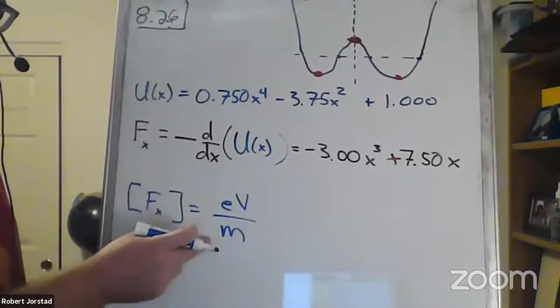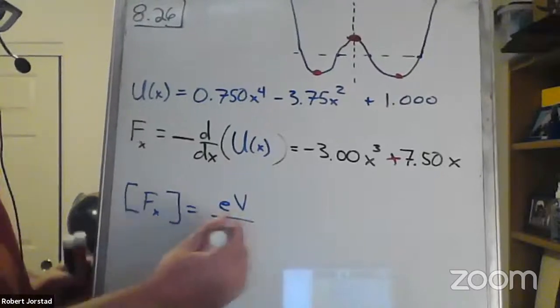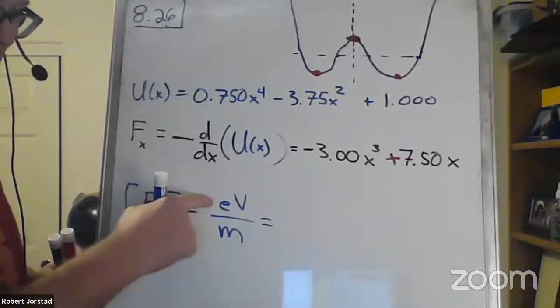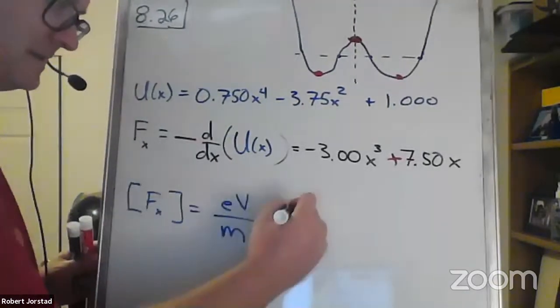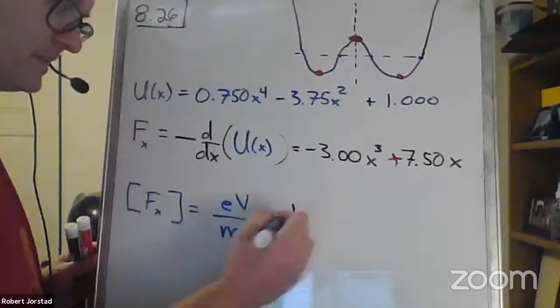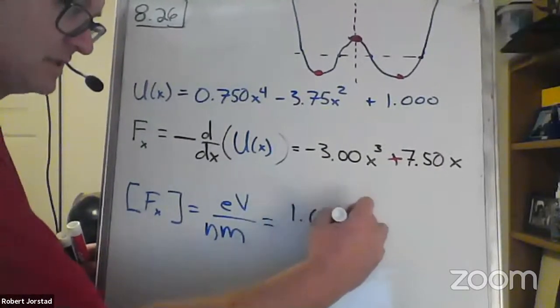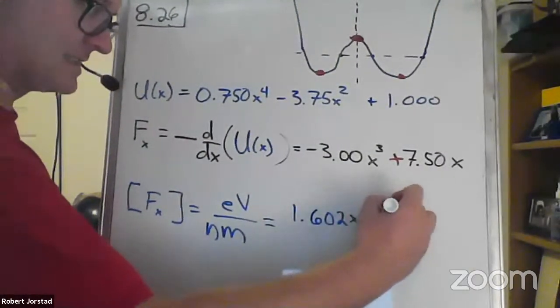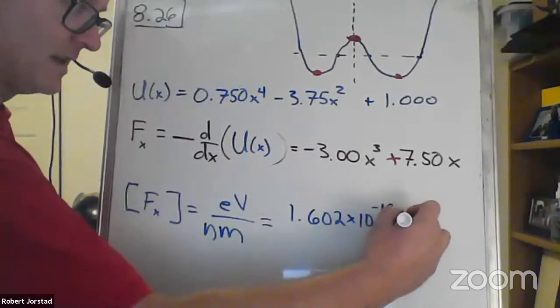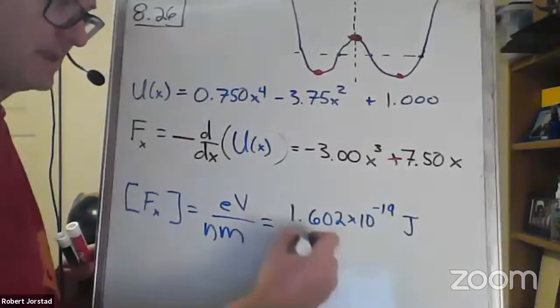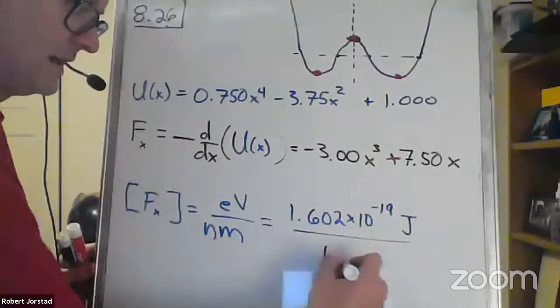So eV per meter. Well, wait a minute. Does anybody remember what an eV was equal to? It's a joule. I just can't remember how small. I think this was actually nanometers, right? It was 1.602 times 10 to the minus 19th joules all over 1 nanometer.